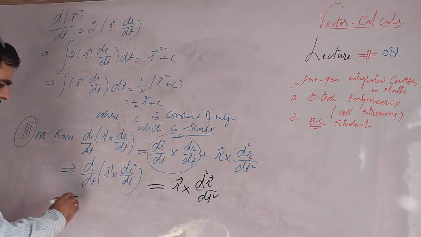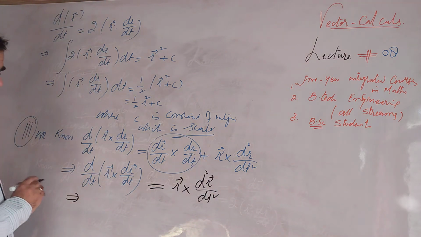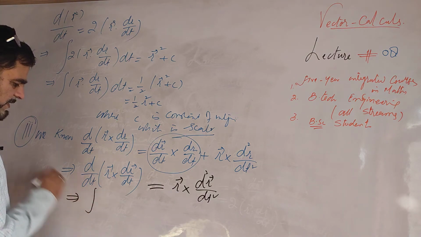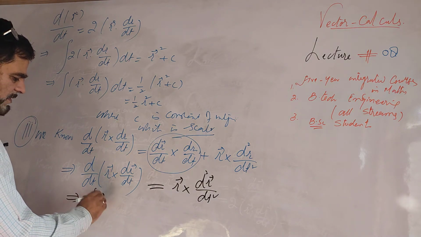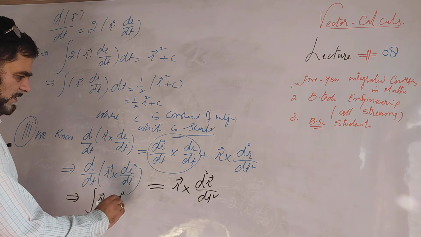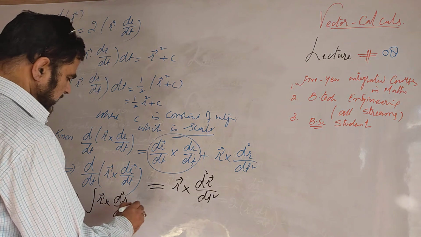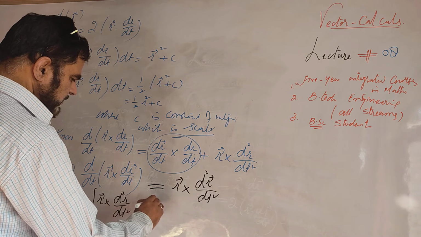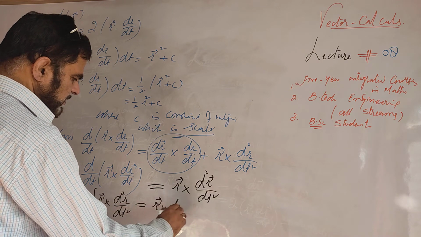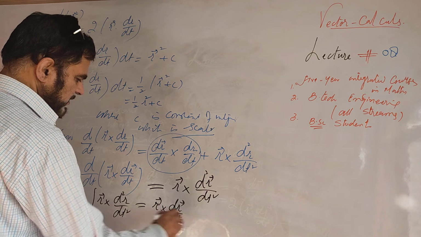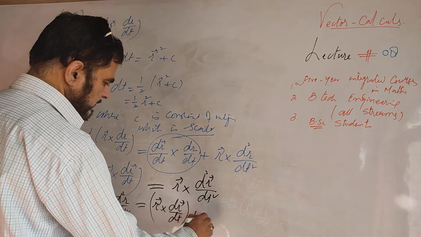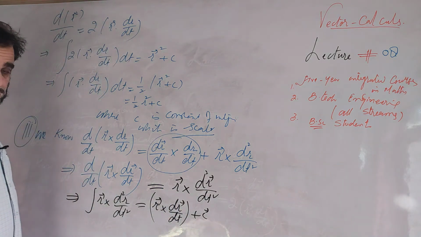So what does this mean? This implies that you can write the integral of r cross d2r by dt square as r cross dr by dt plus c. C is the constant of integration.